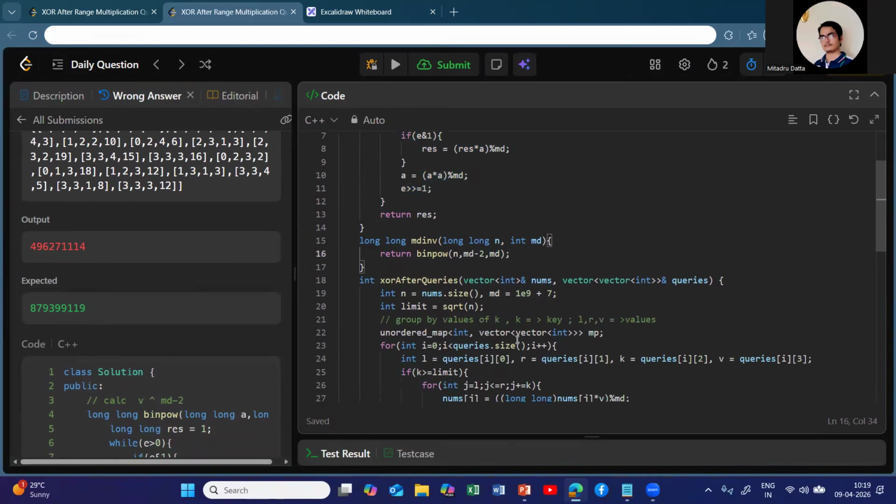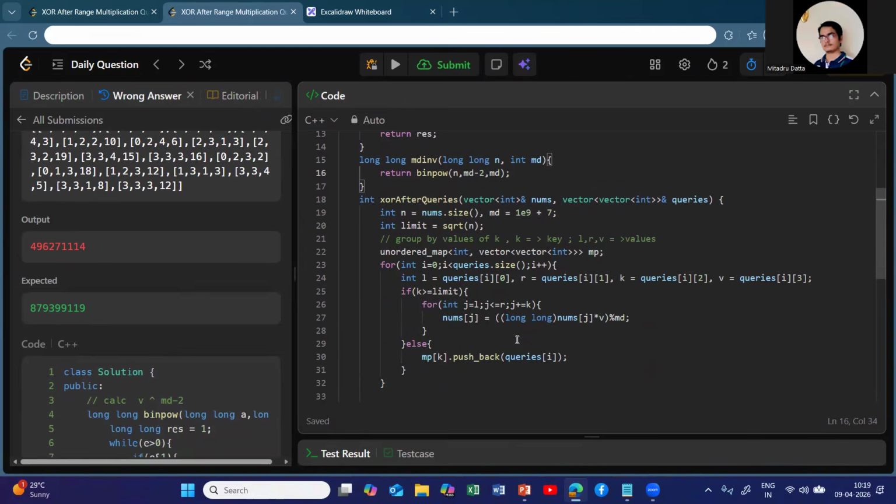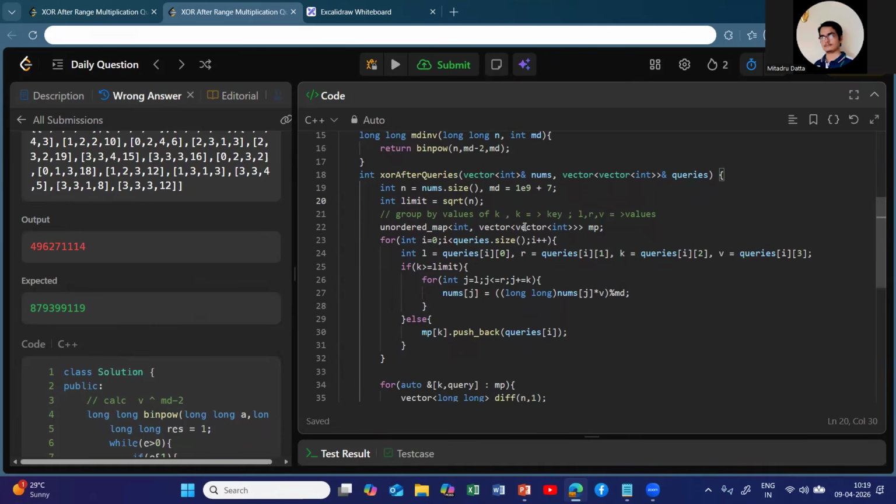There is no issue with this mod inverse, right? Next we have this XOR after queries function where we have the limit as square root of n, which is just fine. We have this unordered map, which is nothing but storing the values of k and all the queries, right?